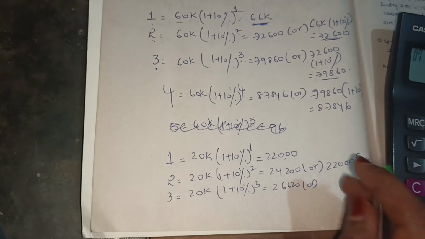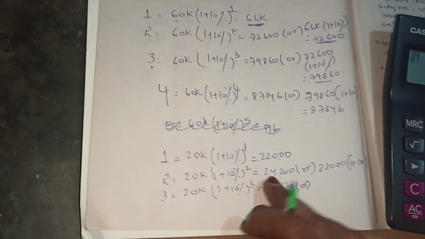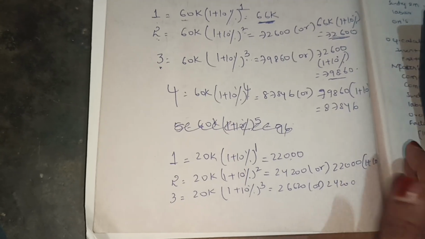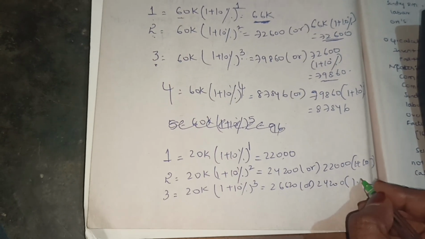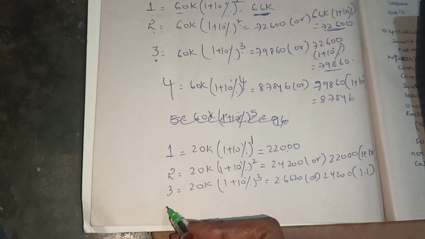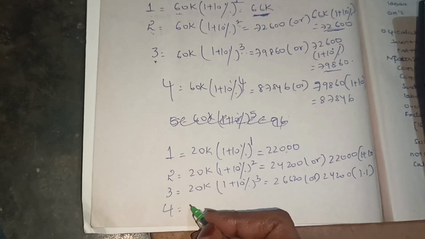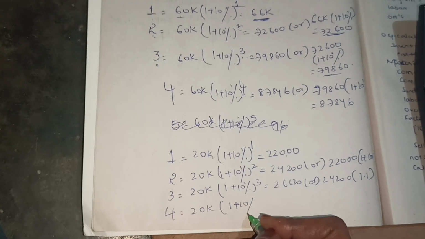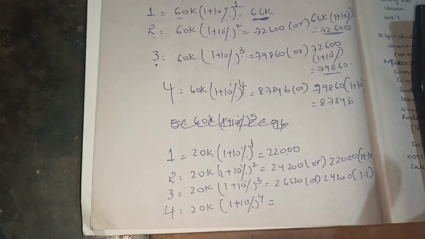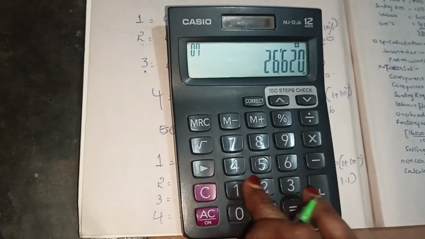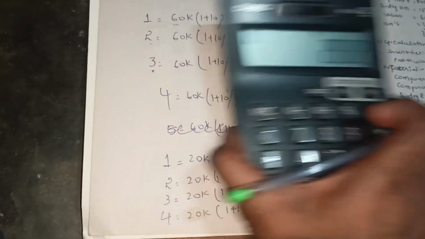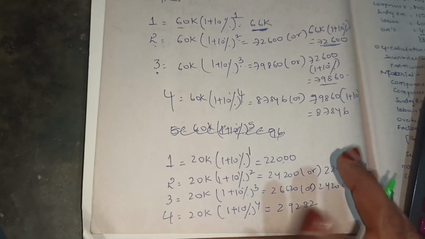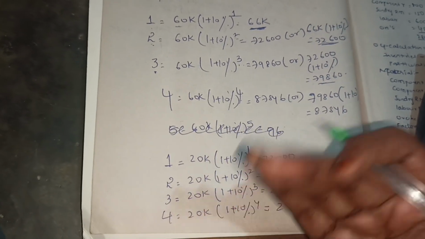Or you can add inflation to second year cost. 24,200 into 1.1 or 1 plus 10%, one is the same. Now fourth year cost, 20,000 into 1 plus 10% whole power 4. 29,282. So we got costs with inflation.